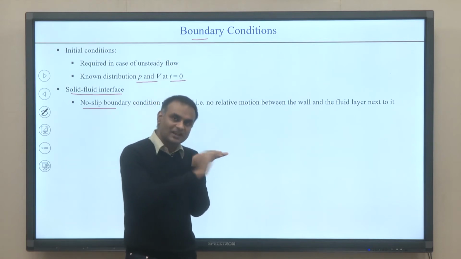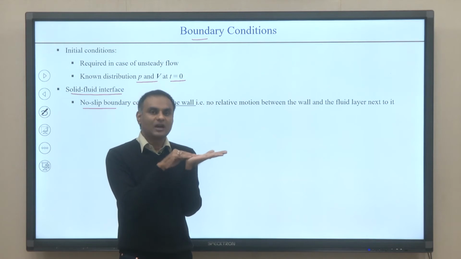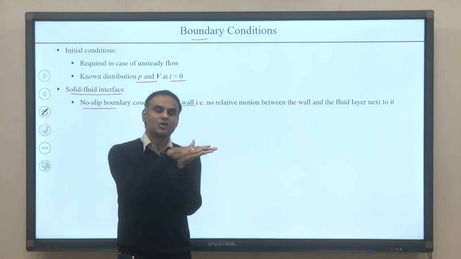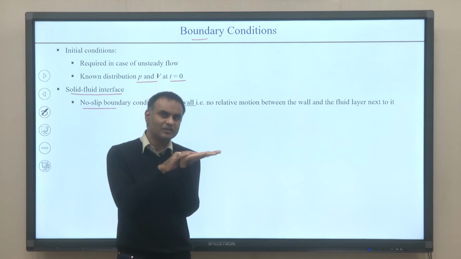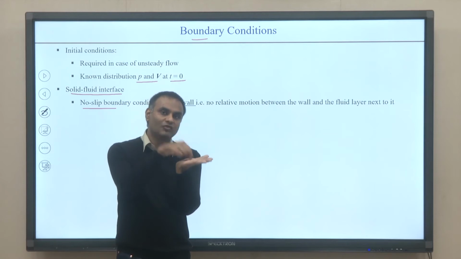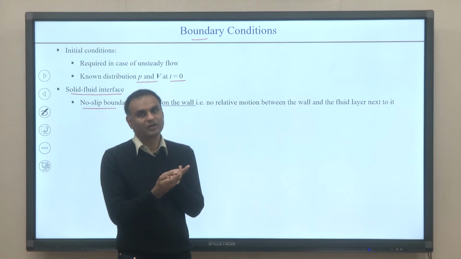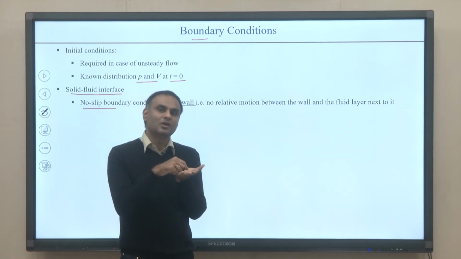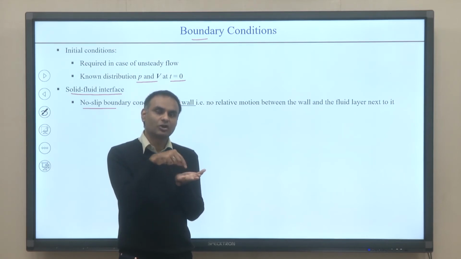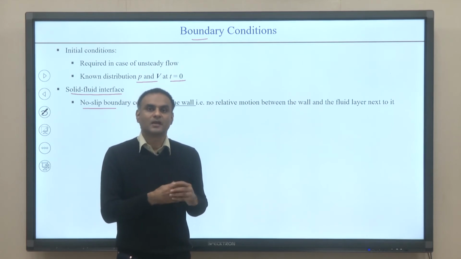Now, the tangential component of the fluid velocity will be equal to the velocity of the wall. If the wall is moving, then the tangential velocity will be equal to the velocity of the wall. The normal velocity of the fluid normal to the wall will also be 0 if the wall is impermeable.